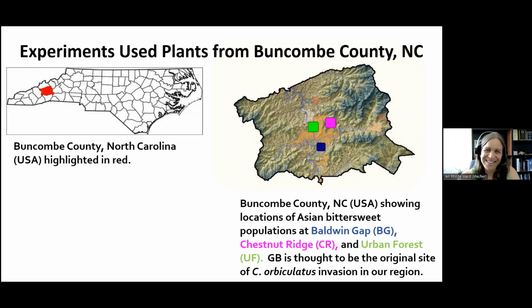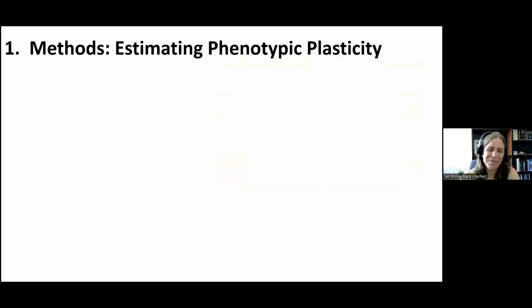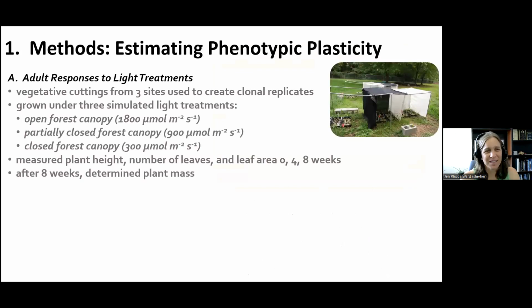So yeah. Okay, so my method, this is a long text heavy slide, but we did two ways to look at phenotypic plasticity. We looked at adult plants and we looked at seedlings. For the adult plants, we went out and found hundreds of plants from three sites and made clonal replicates.